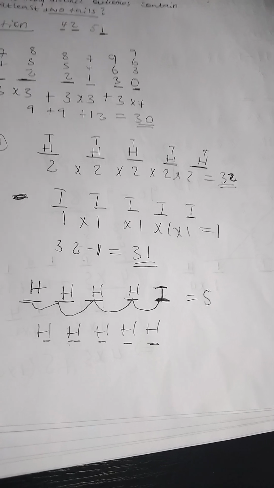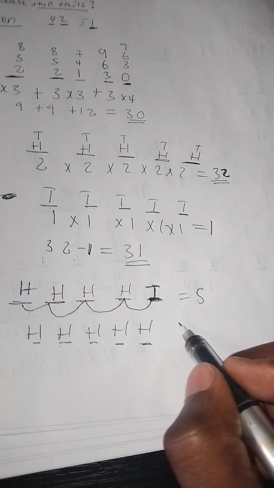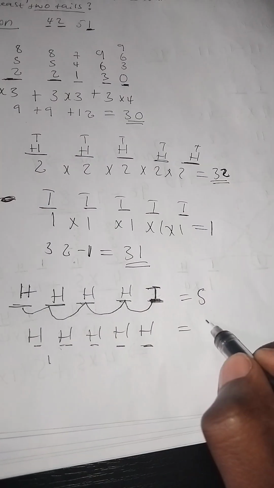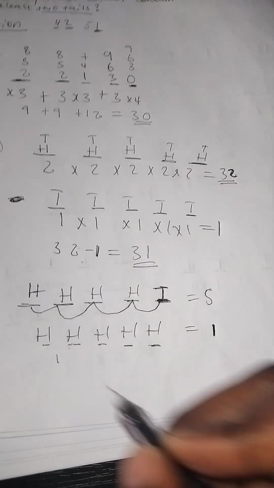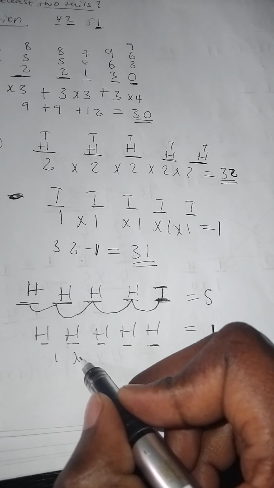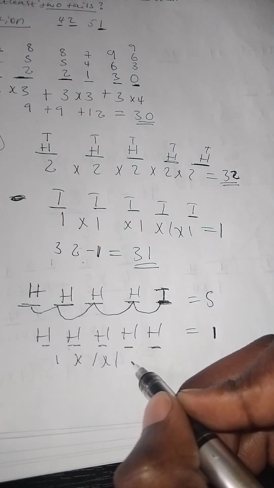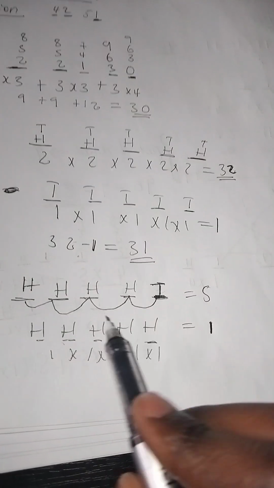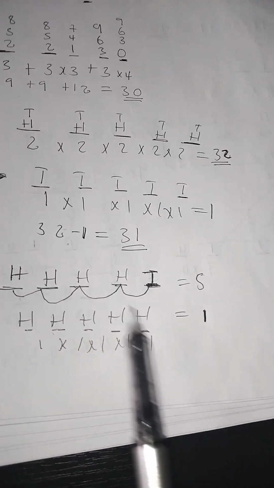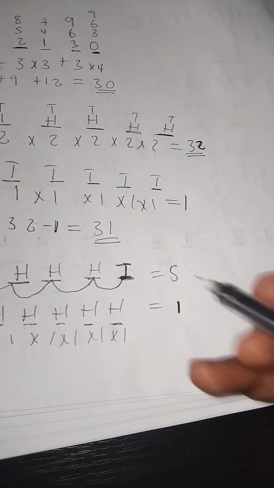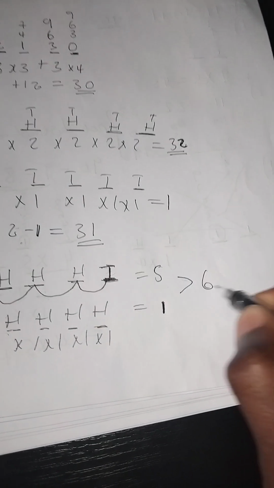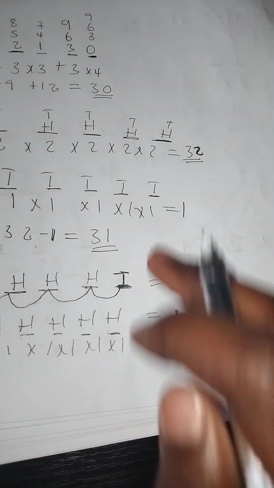If we are having heads all the way, the answer to that one is 1, it's the same arrangement, so 1 times 1 five times. Now if we take the sum of these two numbers, it's basically going to give us 6. So 1 plus 5 is 6.